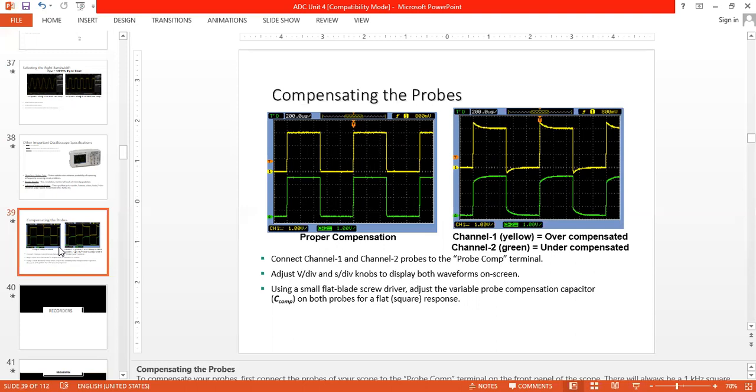This is how we compensate the probes, because initially they have different circuits. Using the probe measuring concept, we can define the particular values. Thank you. Next class we will see the recorders.